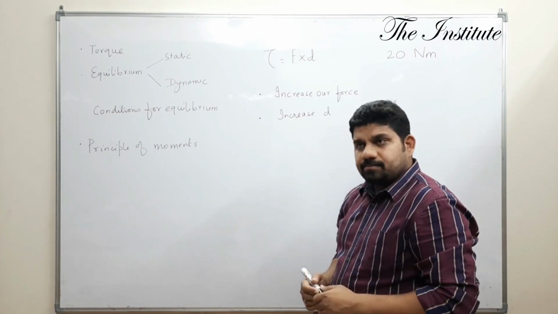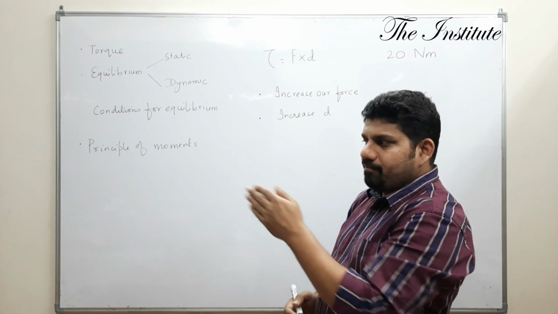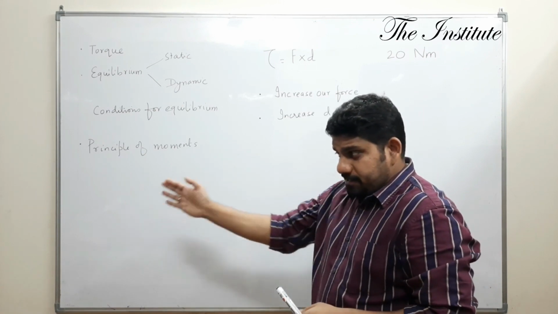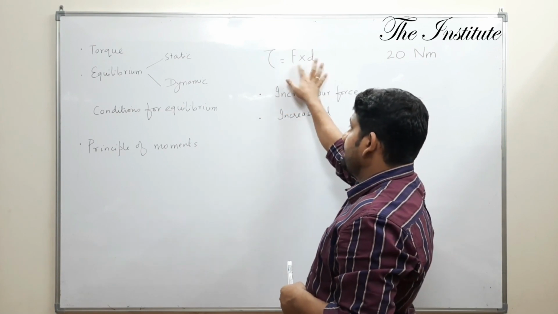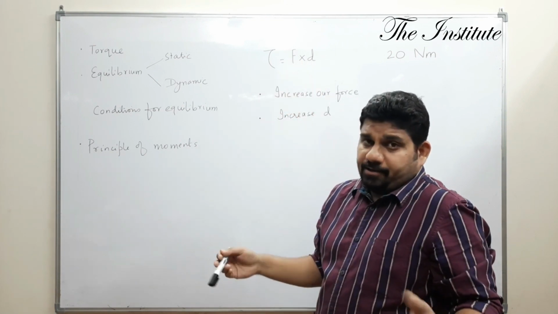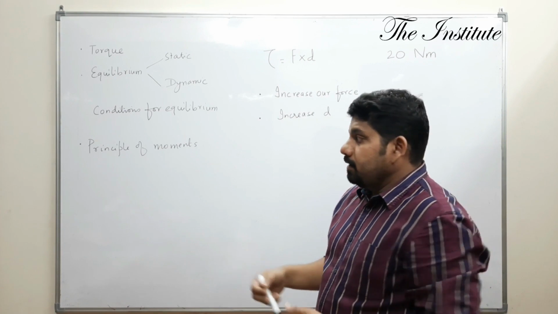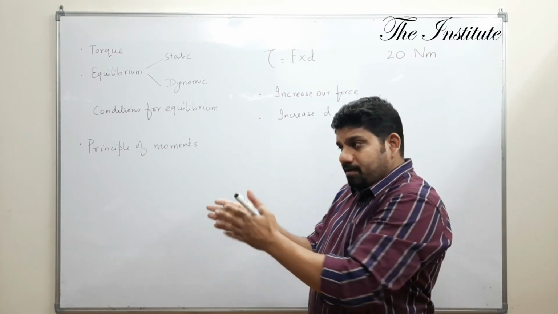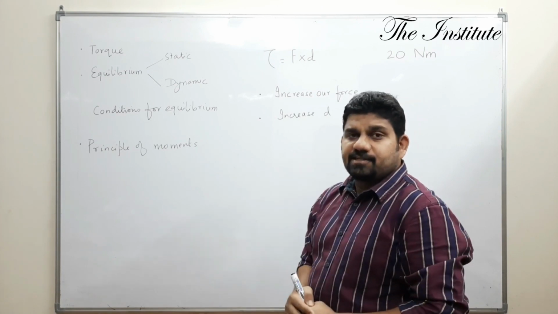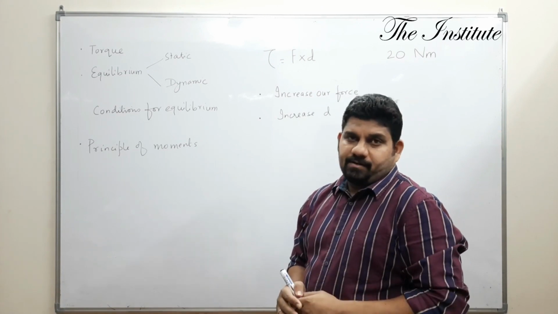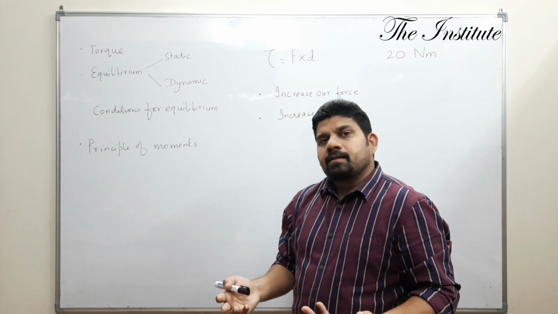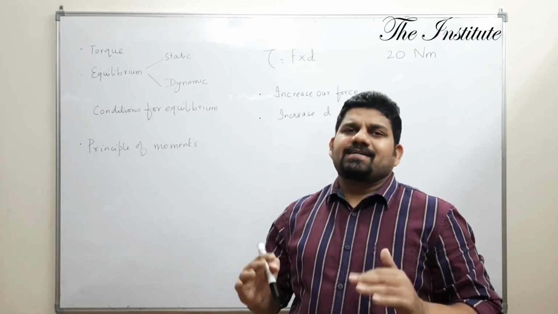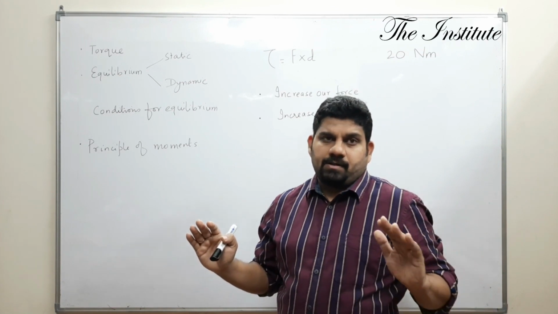Another option is I apply 5 Newton force. So the perpendicular distance needs to be 4 meters. So 5 into 4 will again give me 20. The door will anyway open. I can apply a force of 1 Newton also, but for that the perpendicular distance needs to be 20 meters. So you see, the door, in order to get opened, it requires 20 Newton meter torque.